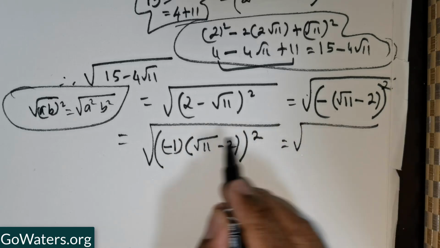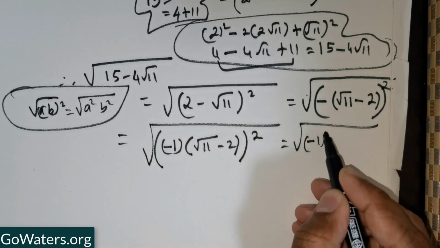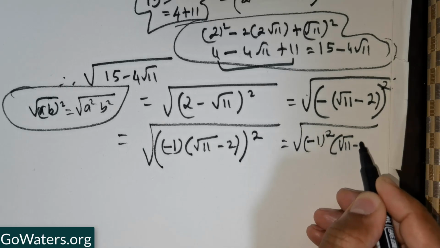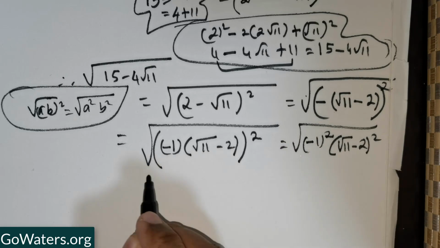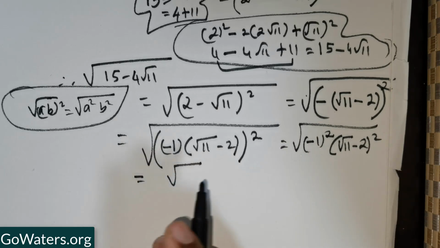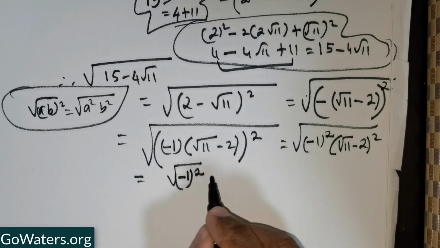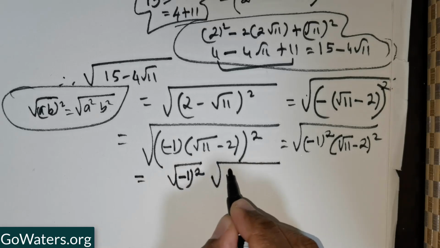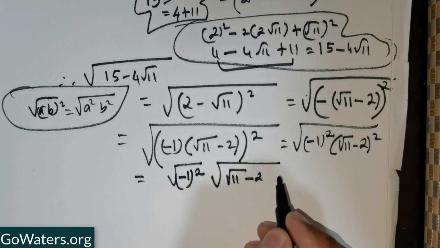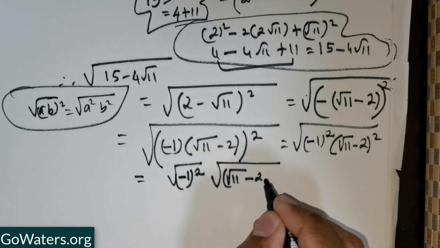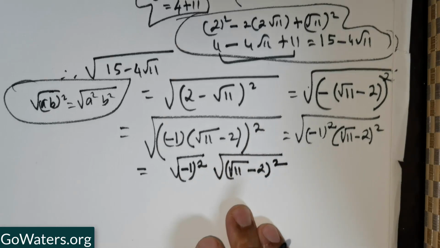This is rewritten as negative 1 raised to the power of 2 times root of 11 minus 2 raised to the power of 2. Now this is root of negative 1 squared times root of 11 minus 2 squared. This is how it looks.